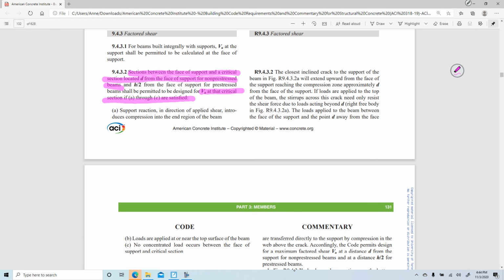They say the support reaction in the direction of applied shear introduces compression into the end region, loads are applied at or near the top surface of the beam, and no concentrated load occurs between the face of the support and the critical section.